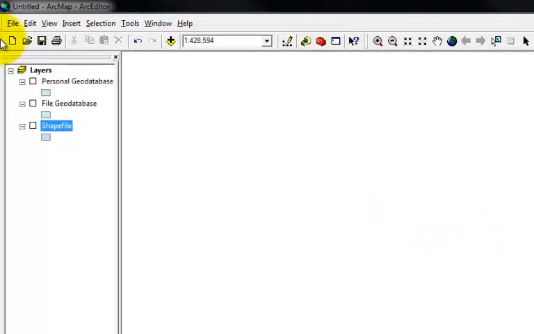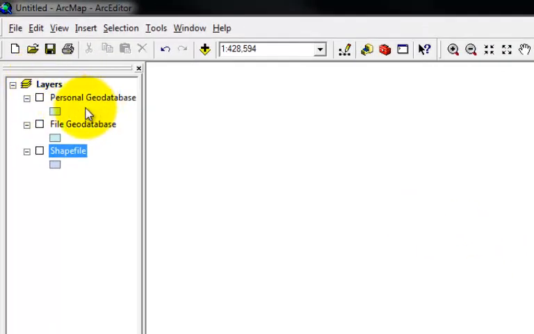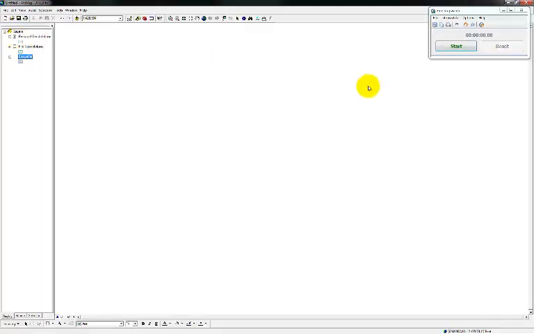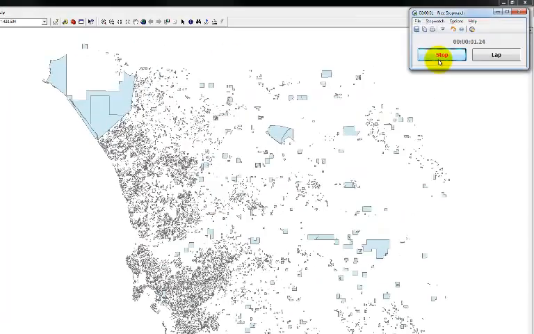So let's start with the personal geodatabase. We have a stop clock in the upper right. We will start the rendering and start the clock.